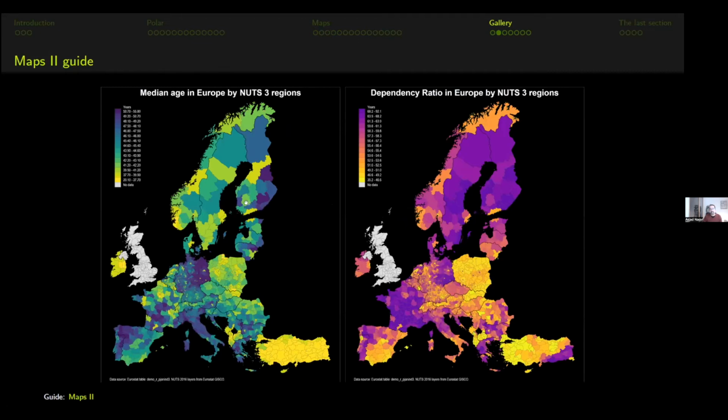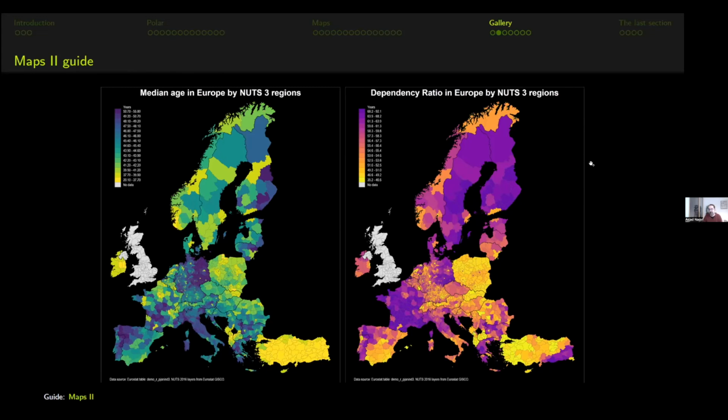These are maps that are created using SPMap. So what we're doing here is combining SPMap with the color palettes package that allows us to combine different elements to come up with maps which are easier to read. For example, here we're looking at median age and dependency ratio.